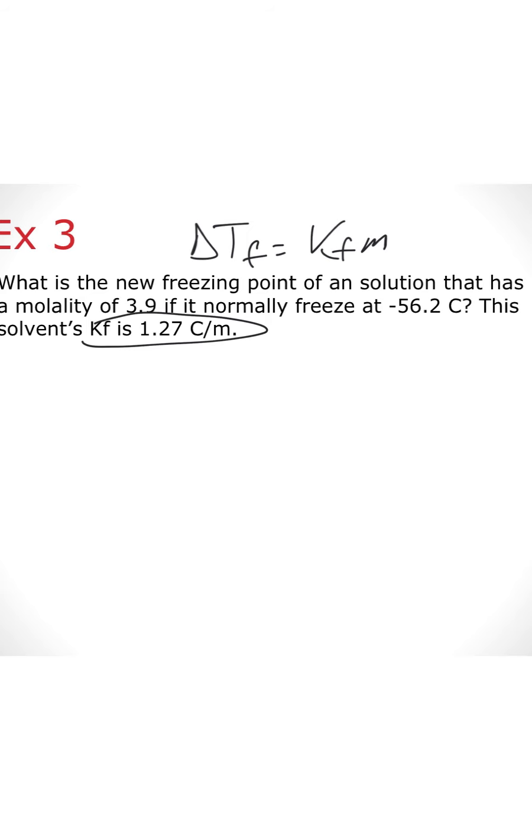We have a different Kf right here, and we have a different temperature. It normally freezes at -56, so I know this is the temperature of freezing. I know this is the Kf, and I am given molality, which is m. So I have m, I have Kf. I need to find delta T then, because that's the only thing that's not given.